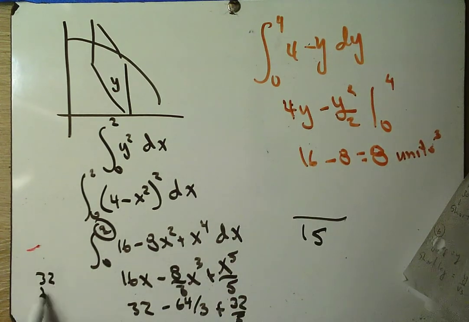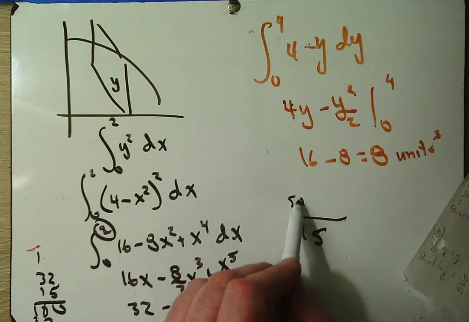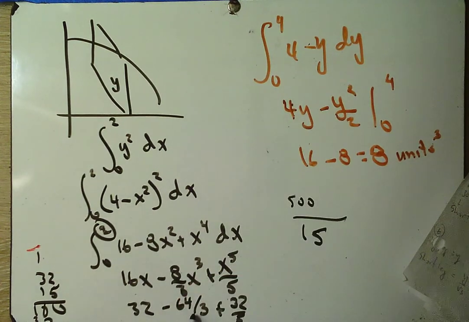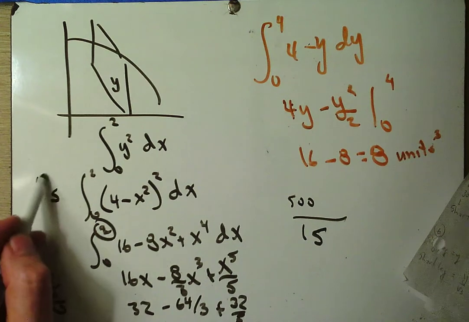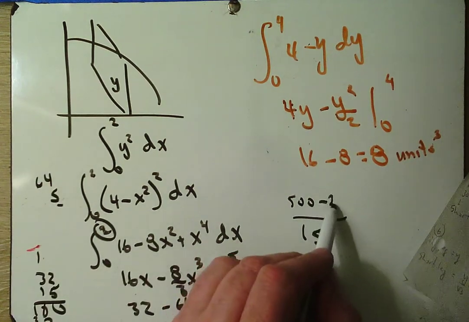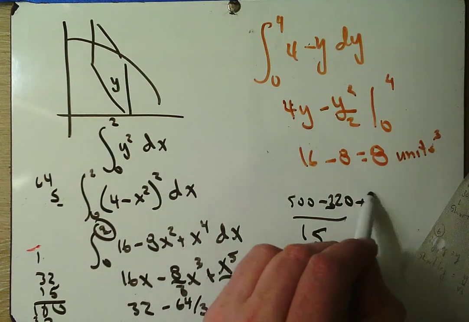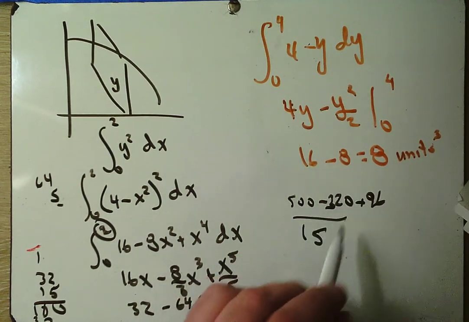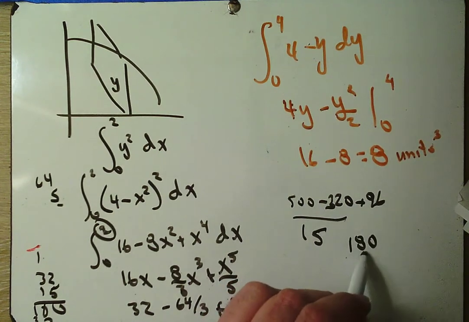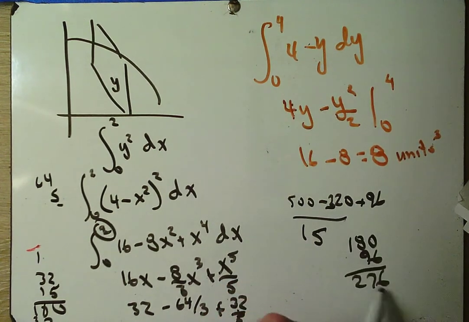So 32 times 15 is 480, minus 5 times 64 is 320, plus 3 times this one is 96. So we've got 480 minus 320 is 160, plus 96 is 256, divided by 15. Is that 8?